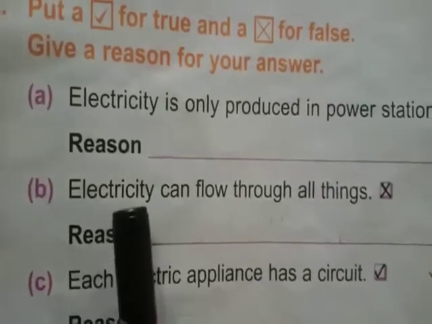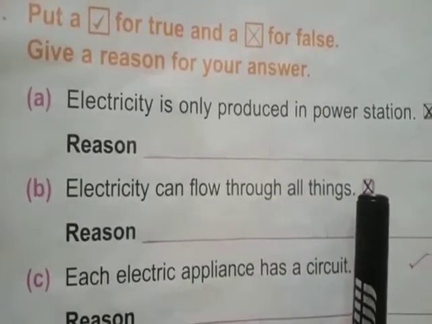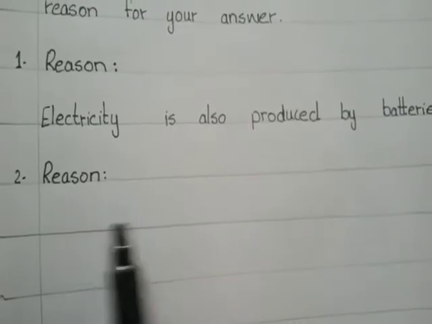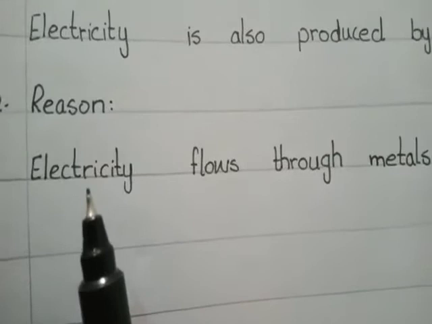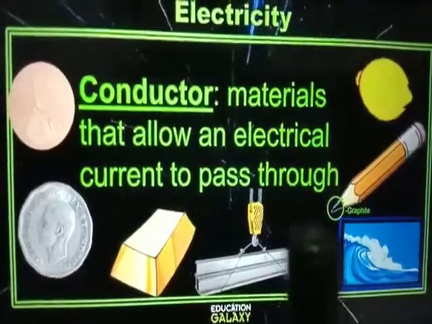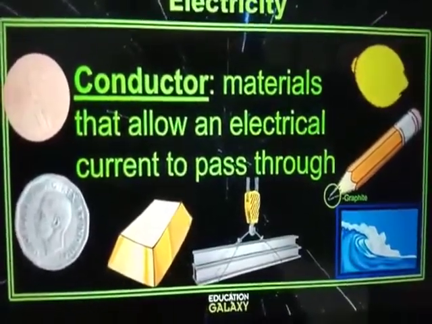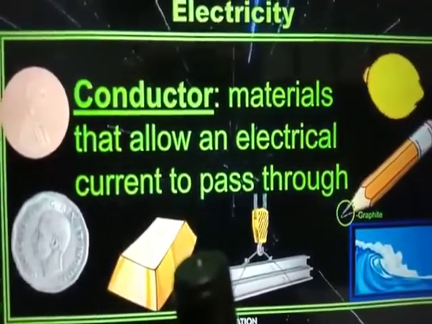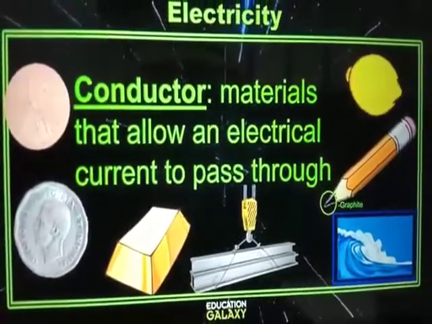The second statement is, electricity can flow through all things. This statement is wrong. The reason of the second statement is, electricity flows through metals. Look here, these are the things which are made up of metals. Most metals are good conductors of electric current because electricity flows through them easily.